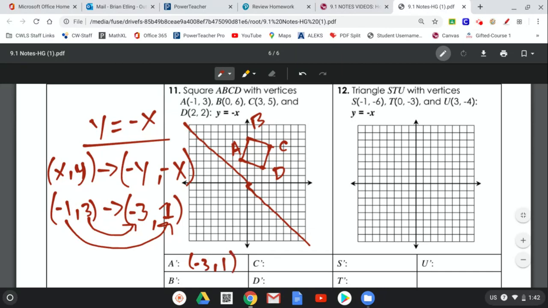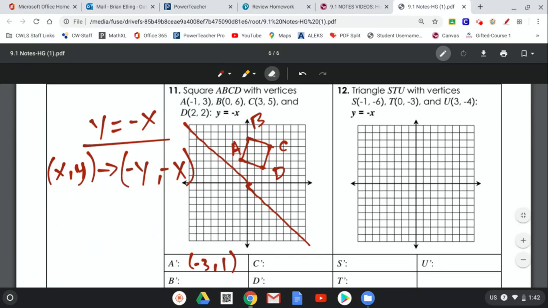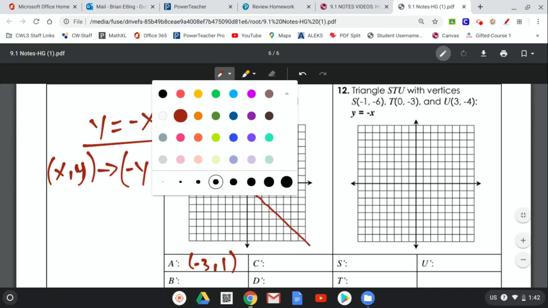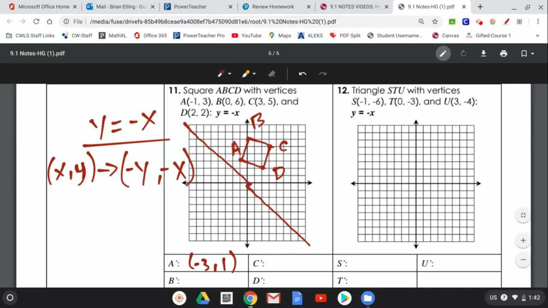All right, now let's move on to B. So for B here, B is at the coordinate 0, 6. So 6 moves into the x spot, and that becomes negative. And then 0, guys, don't put down negative 0, please.